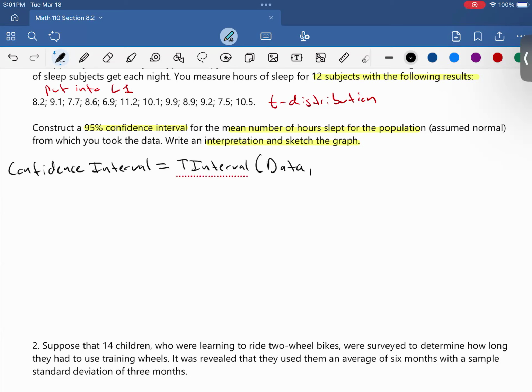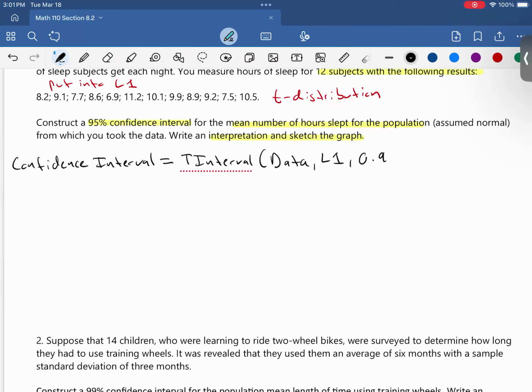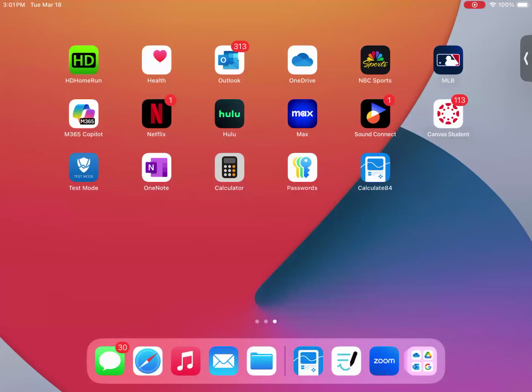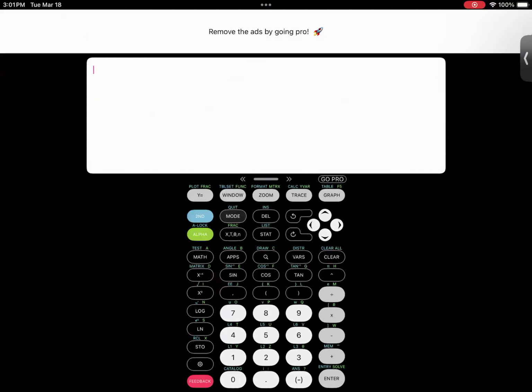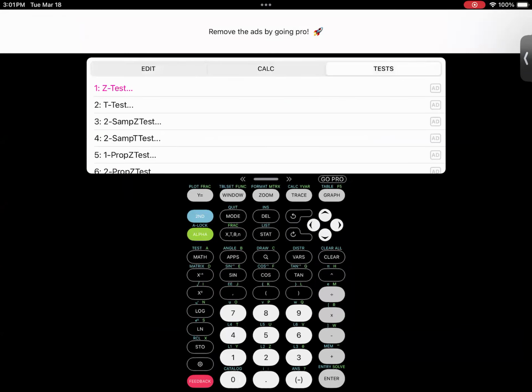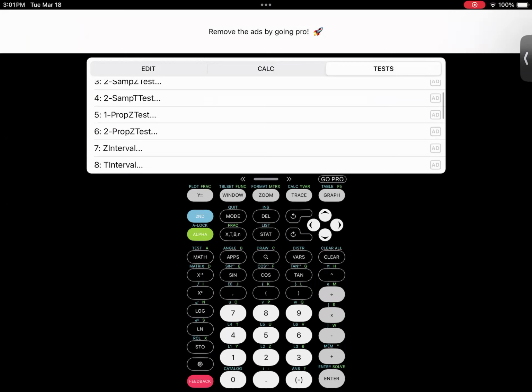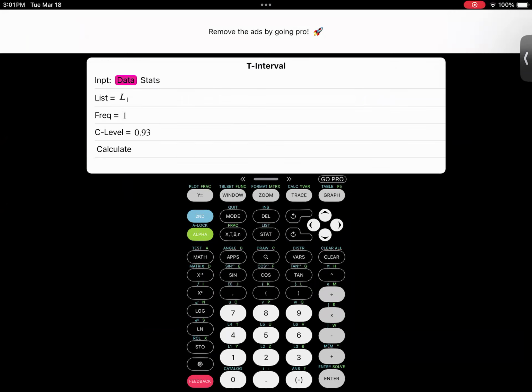Then we use list one because we entered our data into list one, and then our confidence level, which is just 0.95. So once we have our t interval work set up, let's put that in the calculator. We go to stat, test, scroll down to t interval, and we're using the data option. The only option we need to change here is our confidence level, which will be 0.95.